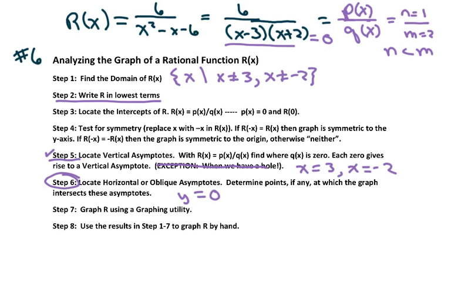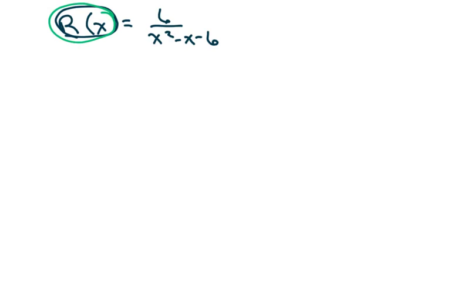Okay, and we're going to solve for intercepts now. So here's my equation again. To get the x-intercept, you set y to 0. When you cross multiply, you're going to get 0 equals 6, which doesn't make sense, so there's no x-intercept.